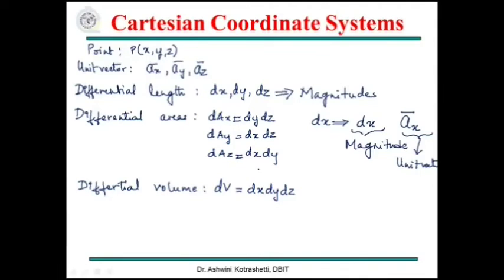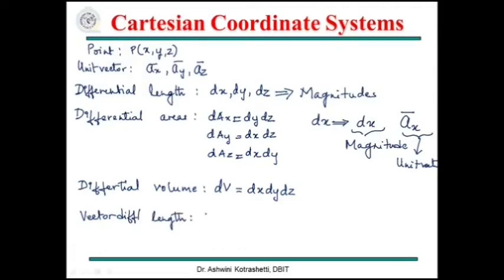Now, what is vector differential length? Differential length individually along the three directions is dx, dy, and dz. But when I now say vector differential length, I'm going to write differential in a short form.